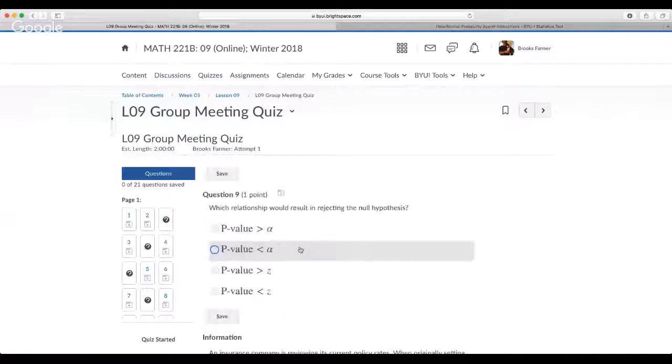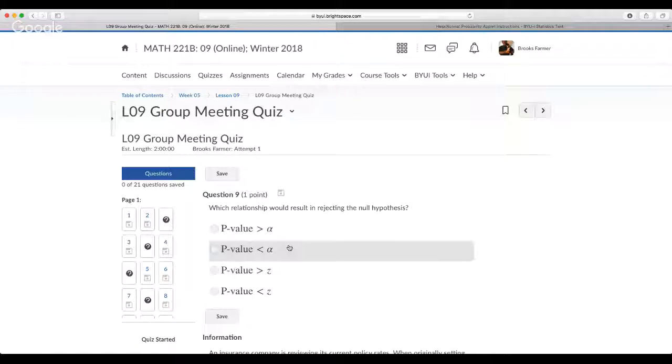All right. So why don't you try number 9? What do you think it would be? In rejecting the null hypothesis, well, that would be the opposite. Rejecting would be less than.